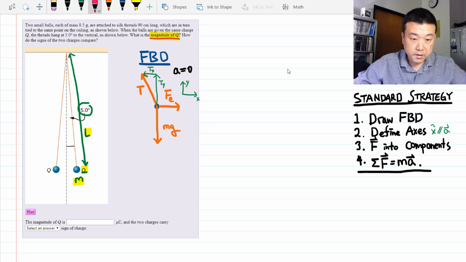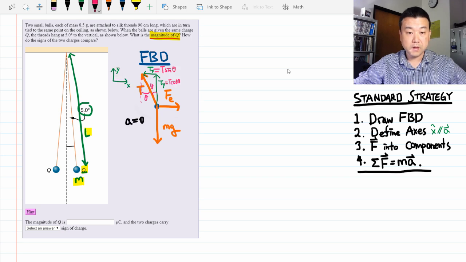So the angle given in the problem is this angle theta here, and staring at the geometry, that should be the same angle as this theta, which gives us the expressions for the x component of tension and the y component of tension.